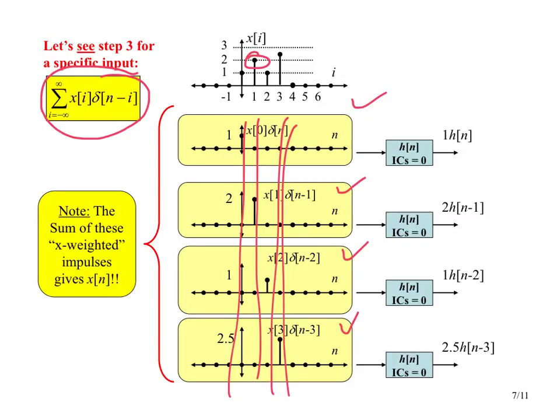And really, if we look at this carefully, we can use the sifting property to find that sifting over i should sift out the value of x when i is equal to n. And so the result of that sum is x of n. So we now know that this is just a different representation for x of n. And so what we're putting into our system is x of n.